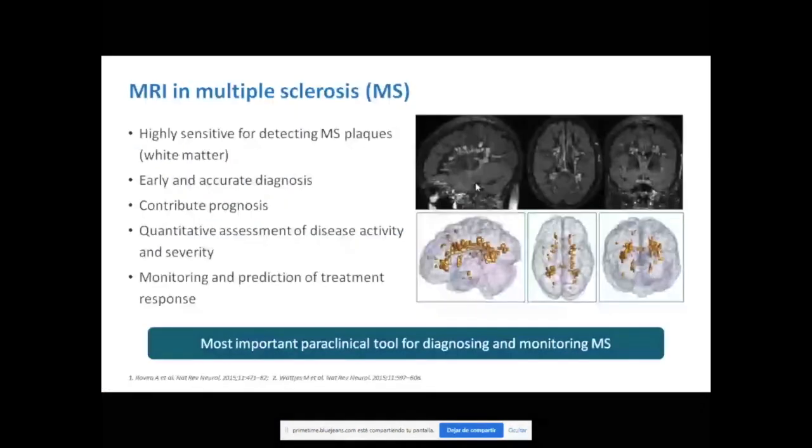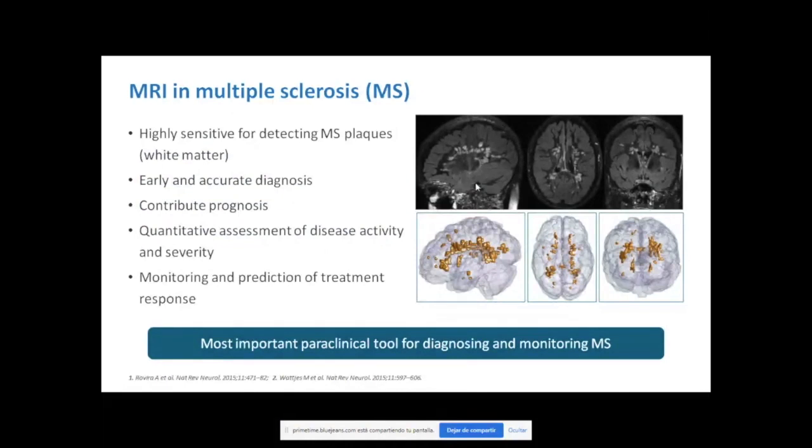Know that MRI is a very highly sensitive tool for detecting MS plaques in the brain and in the spinal cord. This is particularly true at the level of the white matter. It helps to establish an early and accurate diagnosis of this disease. It also contributes to the prognosis of this disease.